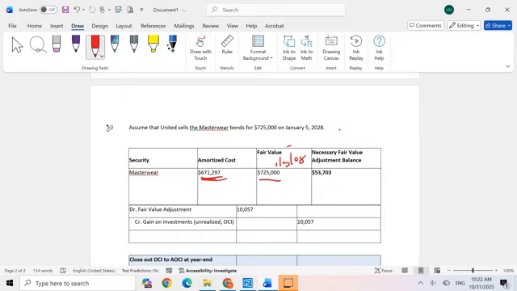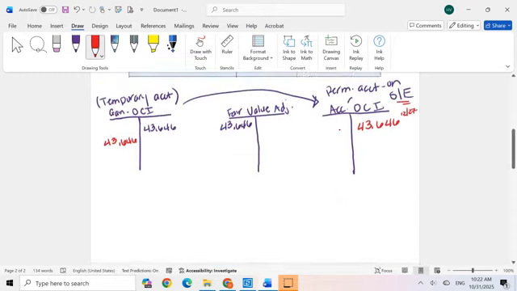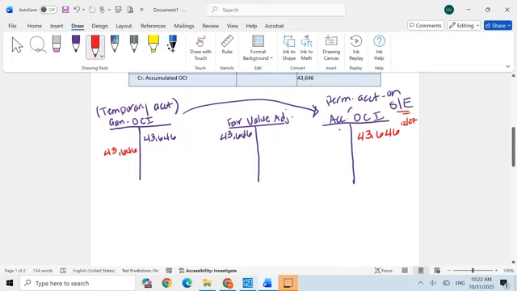Our balance is $725. So our fair value adjustment balance needs to be 53,703. So we already had a fair value adjustment. If we just go up here, this is the fair value, this is what we're looking at.